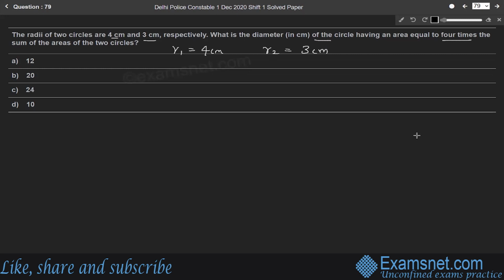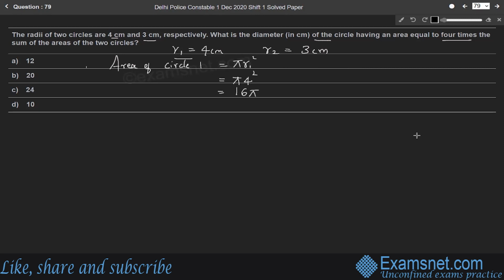Let us find the area of each circle. Area of circle 1 is equal to pi r square, which is pi into 4 square, which is 16 pi.